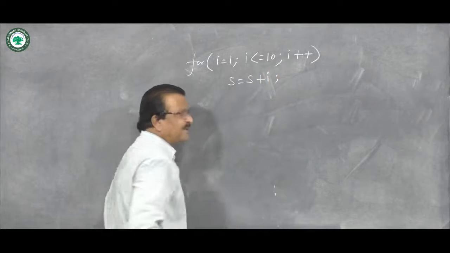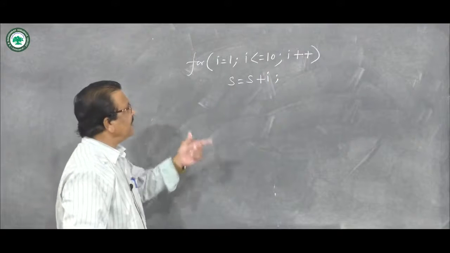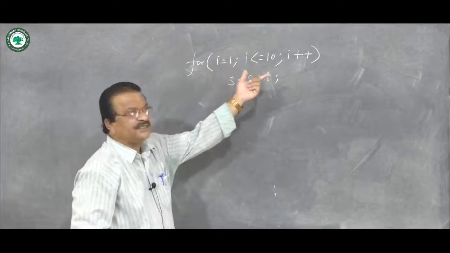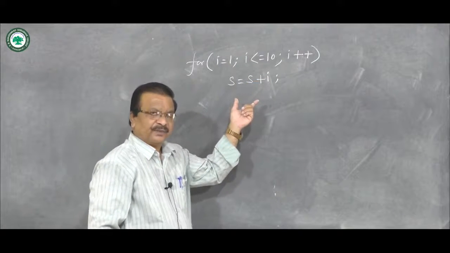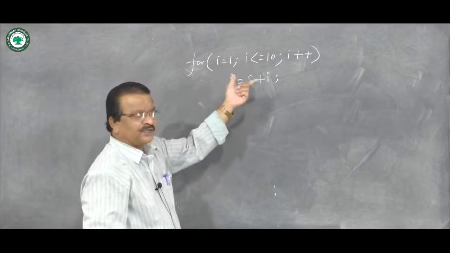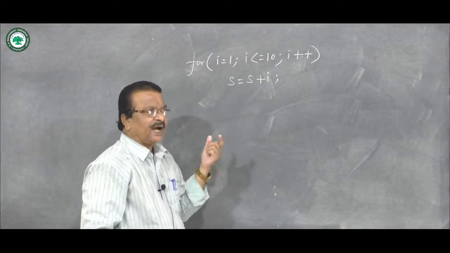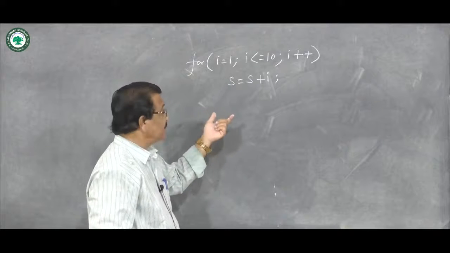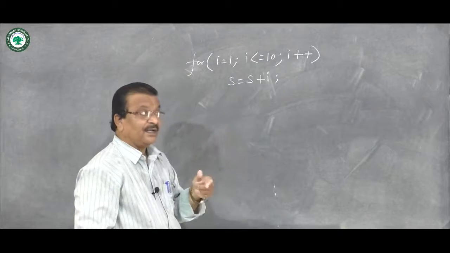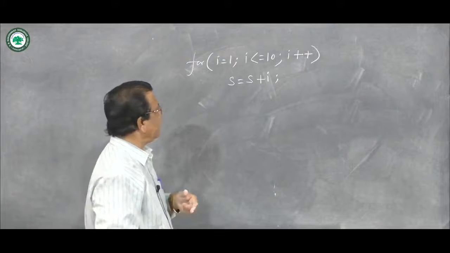Being a statement, it will be delimited by a semicolon. Remember, after for there is again no semicolon. This is the syntax which you have to remember. Just like after while there is no semicolon, after for there is no semicolon, but in do while there is a semicolon after while.